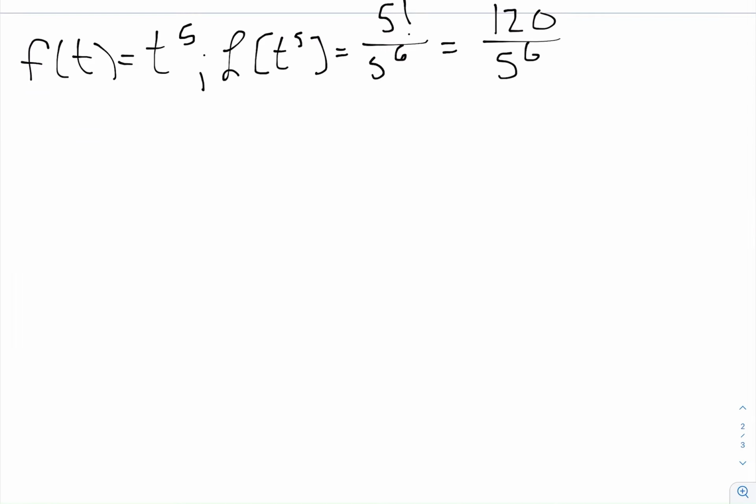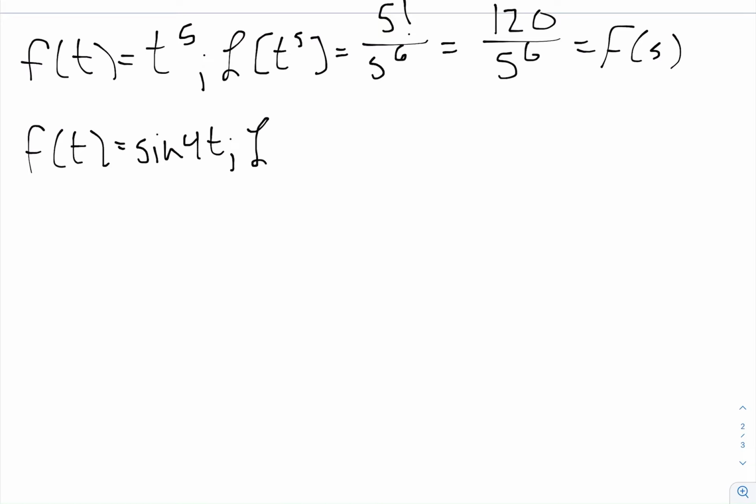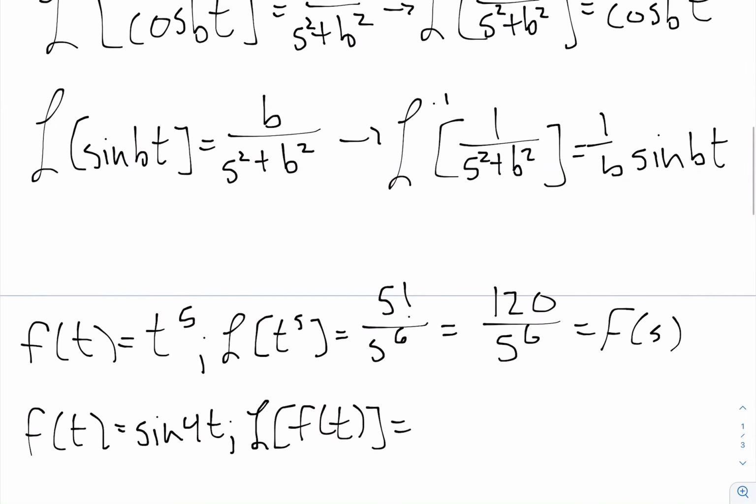Let's say we're doing, I'm just going to write capital F of s here. Let's say we're taking our new function f of t, and let's say that equals sine of 4t. And the test question was, find the Laplace transform of f of t. Well, remember, we have our sine Laplace transform.